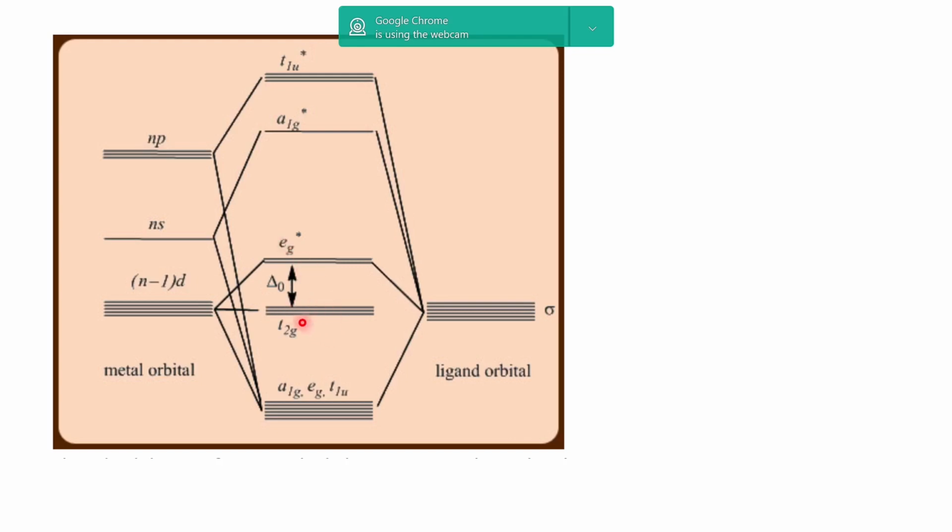Still, if the T2g is non-bonding in nature, then electrons can fill up here. It does not have to be filled all the time, that kind of rule is not there. It can be 2 electrons, 4 electrons, at the max 6 electrons. So that can range up to 12 plus 6, maximum 18, but lesser than 18 is also possible.